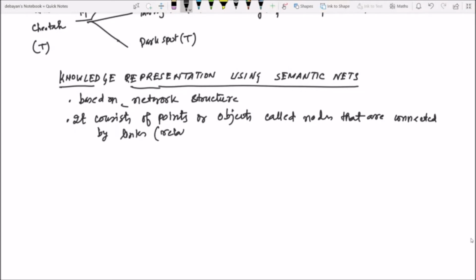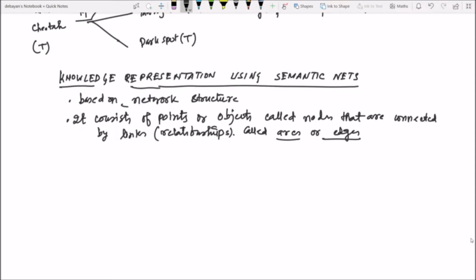Links means nothing but the relationship between two nodes, that are called arcs or edges. Now nodes are usually used to represent physical concepts, objects or situations, and arcs show the relationship between two nodes.